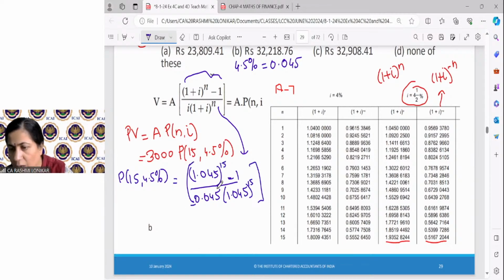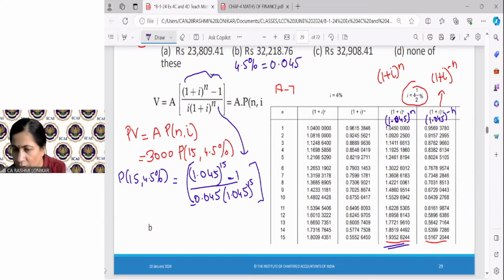Okay. Now 1.045, this is 1 plus I, 1 plus 0.045. Okay. What is this giving me? This is giving me 1.045 raised to n. And what is this giving me? 1.045 raised to minus n. What is the value? This is the value.